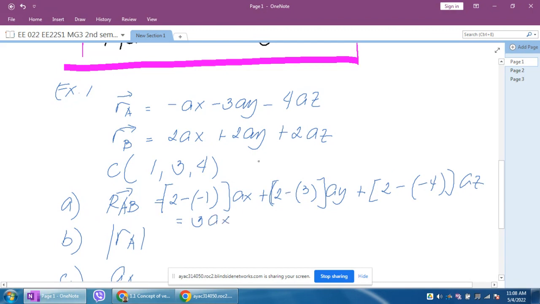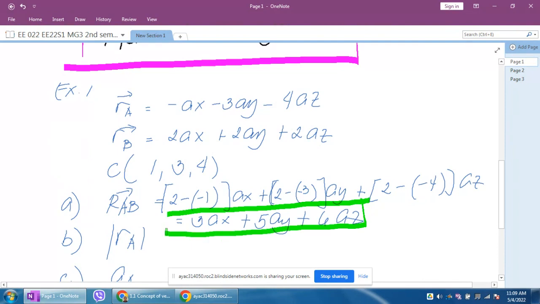Okay, teka, negative 3 po ito dapat, sorry, negative 3. So 2 minus 3, that will give you 5 AY, and then plus 2 minus minus 4, this becomes 6 AZ. So mag-iingat po tayo dun sa sign. Kasi po, pag nagkamali po tayo dun sa sign natin, problema na po yun. So this is our vector from A to B.